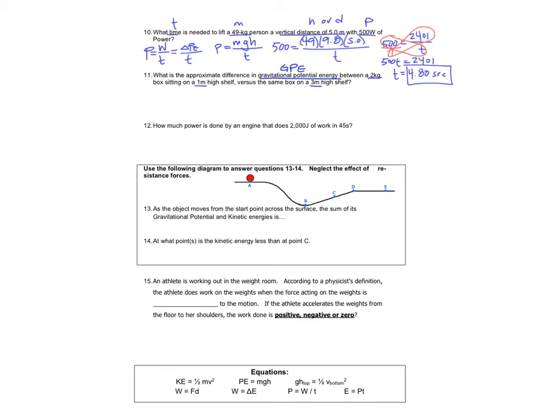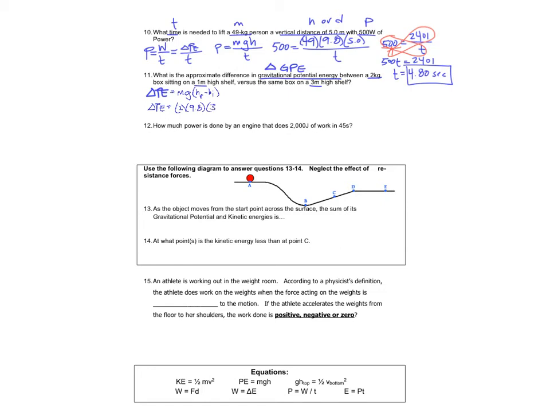So what I'm looking for is a change in gravitational potential energy, or simply just PE. So change in PE is mass times gravity times my heights. So that change is equal to the mass, this is the same, 2 times 9.8 times my change in height.